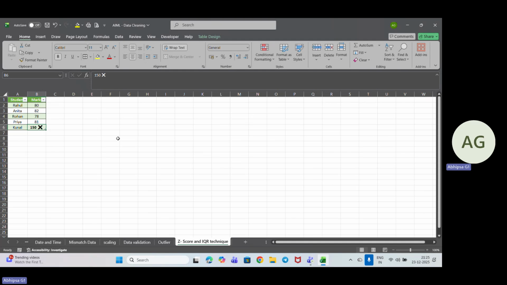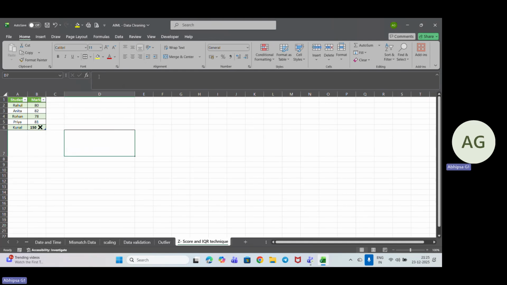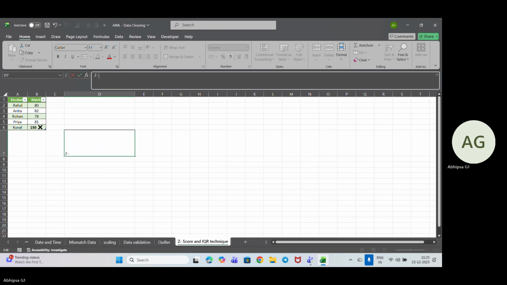So the Z score formula is (value minus average) in brackets, divided by the standard deviation.